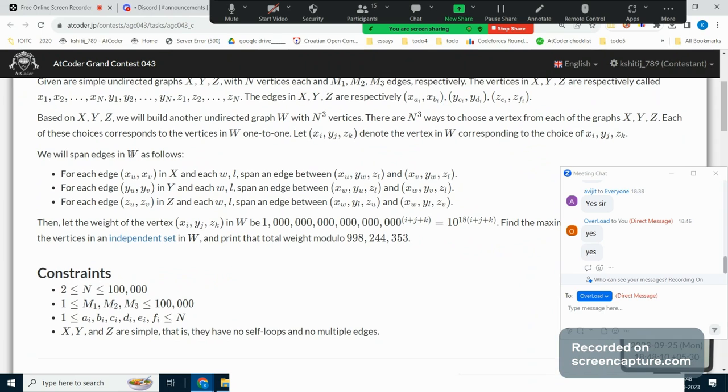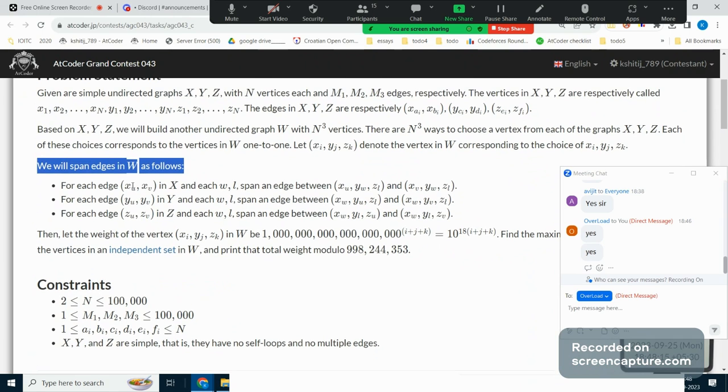And now we will span edges in W as follows. For each edge in X, like in the first graph, if there is an edge between xu and xv, we will span it between (xu, y, z) and (xv, y, z) for all y and z. So did you get this part?